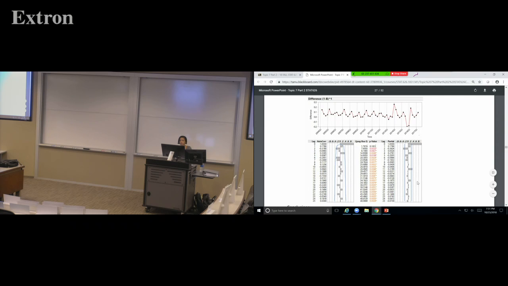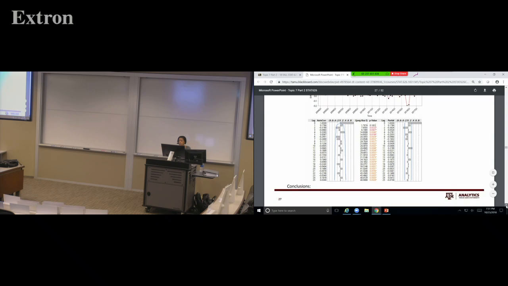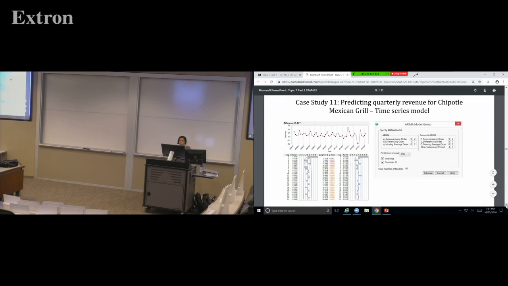Okay, so when the autocorrelation function and partial autocorrelation function do not guide you to a strong sense of what the data should be modeled as, it's always great to take a look at what's at your disposal, the ARIMA model group.